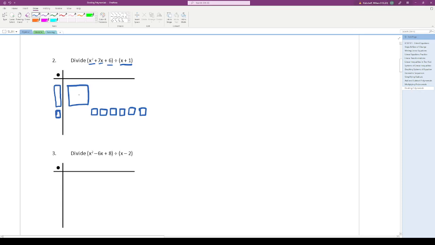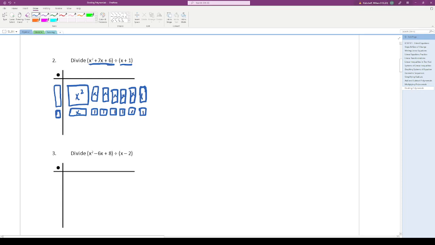So we have our x squared and our 6. Now if we draw in our 7x, we have 1x, and then 2, 3, 4, 5, 6, 7. So now we have the entire thing represented: x squared here, 7 x's, and then 6 plus 1s.